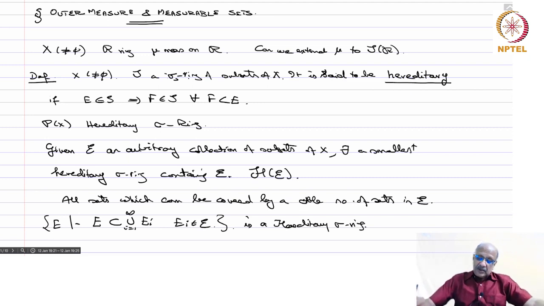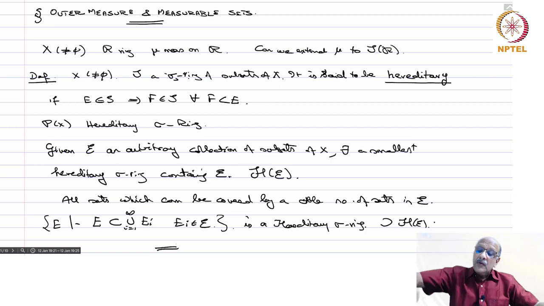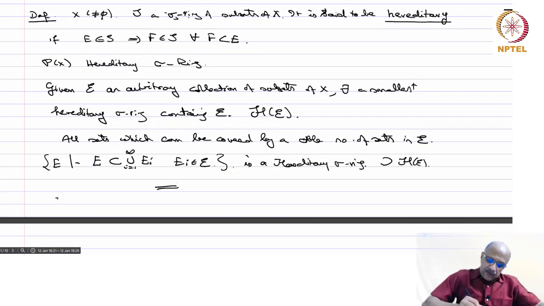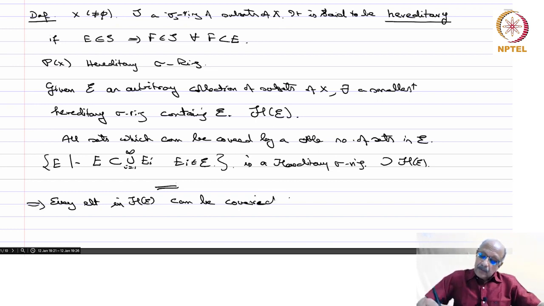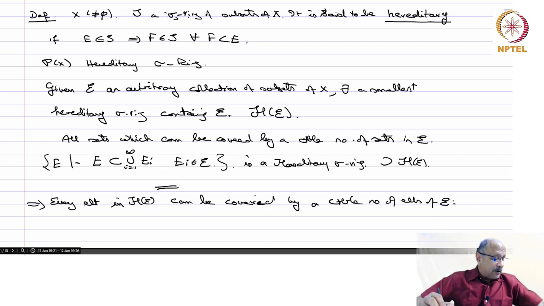Very easy to check: you can check that it's a sigma ring, it's hereditary, and therefore it should contain H of E. So the conclusion is, every element in H of E can be covered by a countable number of elements of E. Okay, so this is an important thing to remember.